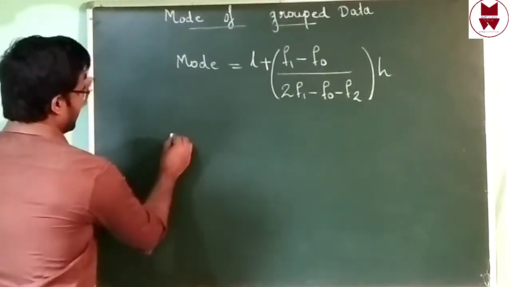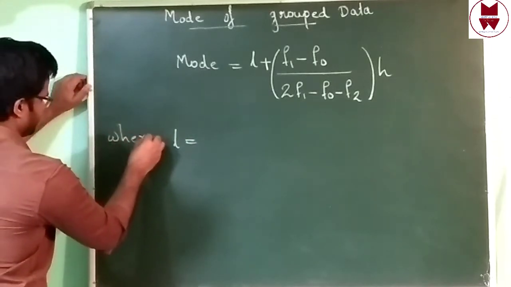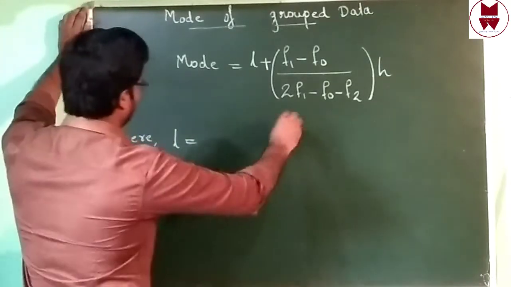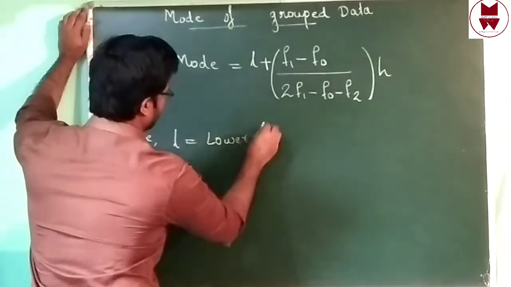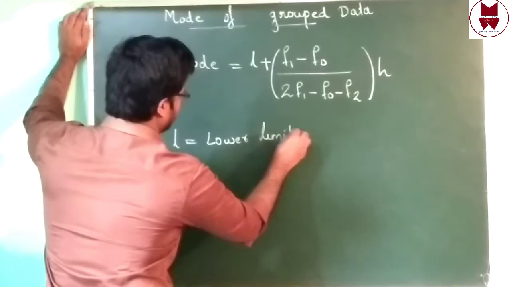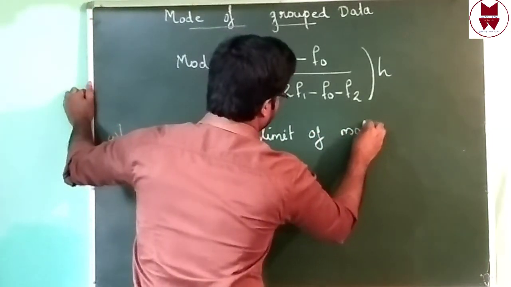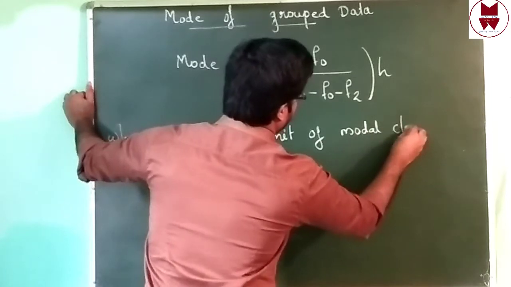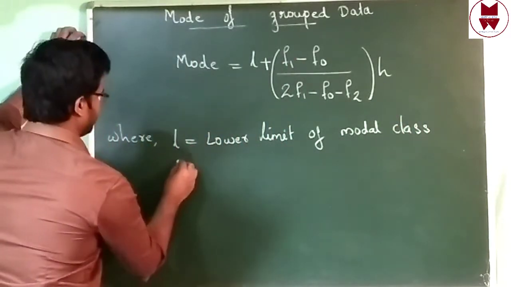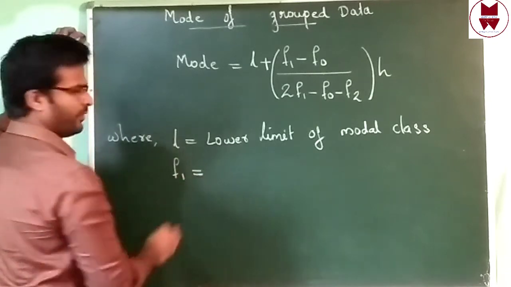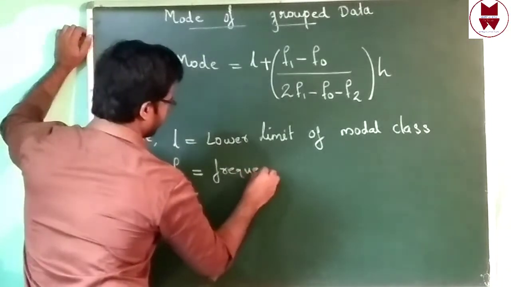Then what is L? L equal to lower limit of modal class. Then F1, that is frequency.